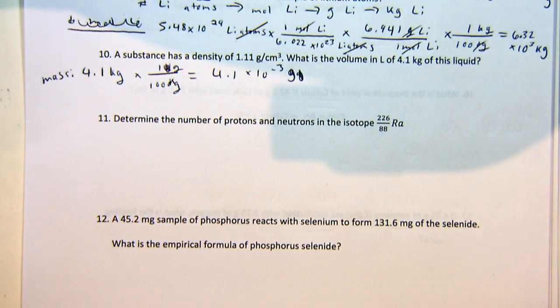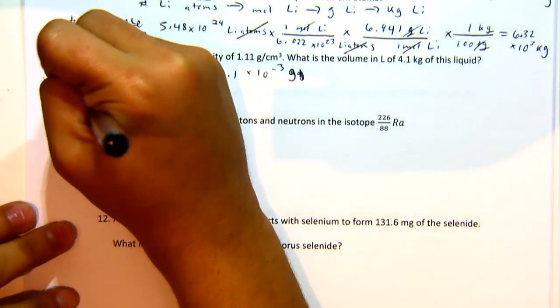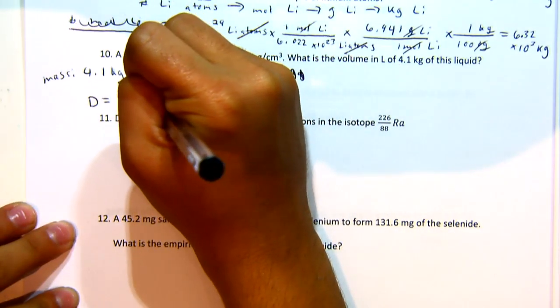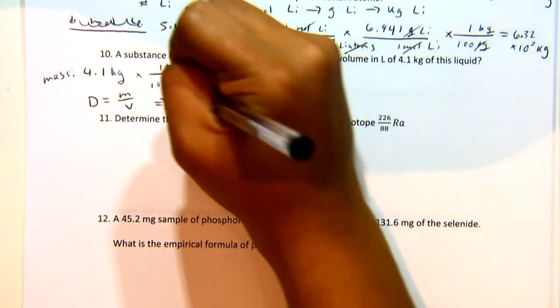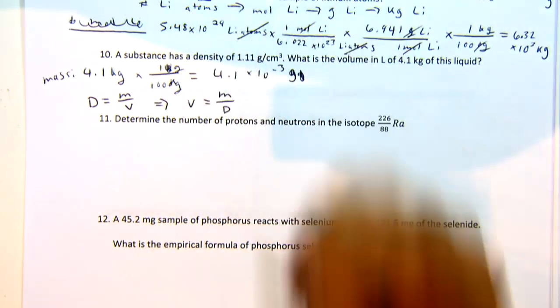Now, once we have that, there's two ways you can do this. Some people like to plug and chug. I actually like manipulating my equations. So if I know density equals mass over volume, I'm just going to change my equation of density to equal volume. So I'm going to get volume equals mass over density.